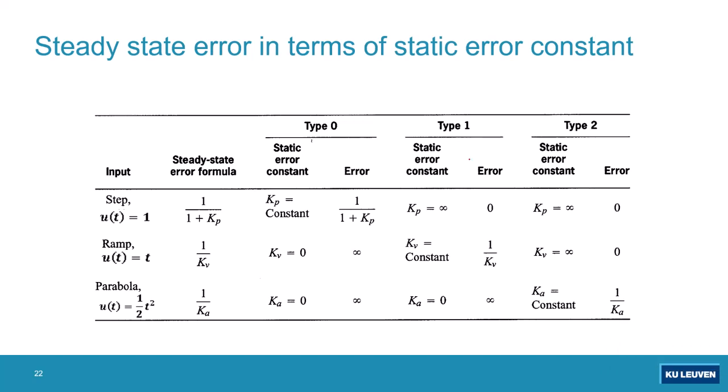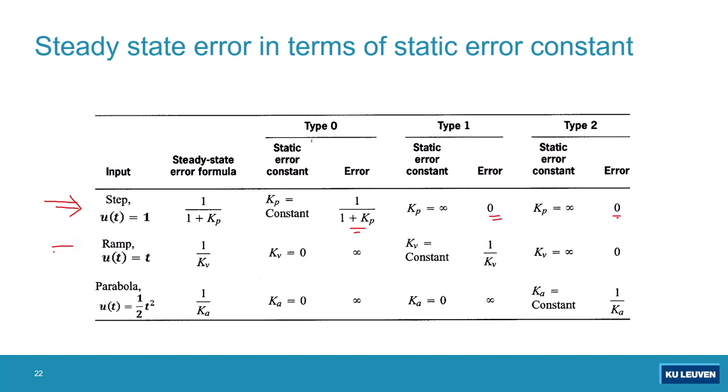This table says if a step input is given to a unity feedback system, we will have a finite steady state error if the unity feedback system is considered as a type 0 system. When we have a type 1 system, the steady state error will be 0, as well as for type 2 and higher.